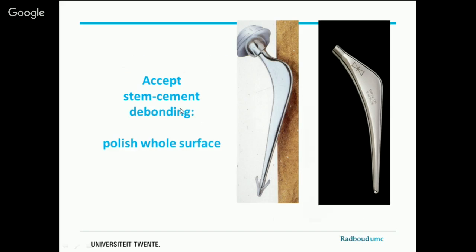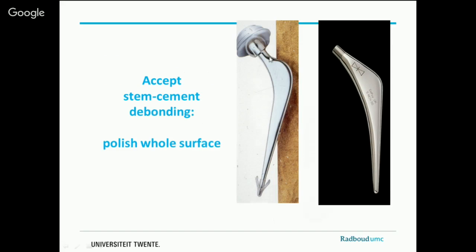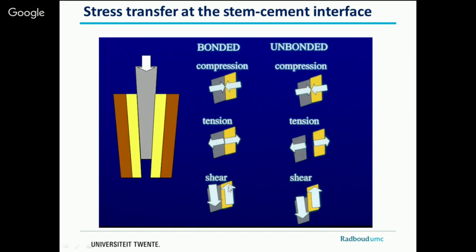Okay, so you strengthen here where you expect debonding, or you can accept that debonding is unavoidable and then polish the stem. We talked about that a little bit before. So what happens in debonding or bonding? If you have a bonded interface, you can have compression transferred, you can have tension transferred because it's glued together, and you can have shear stresses transferred because it's glued together.